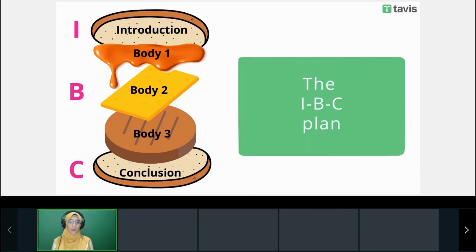First of all, we have to know that an essay can be made using a burger. How, teacher?